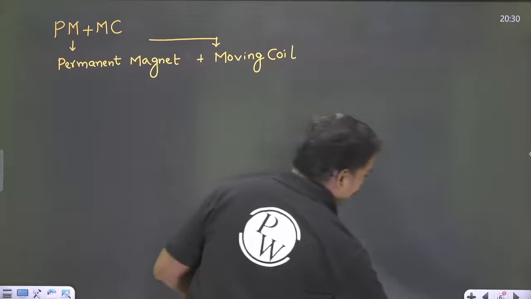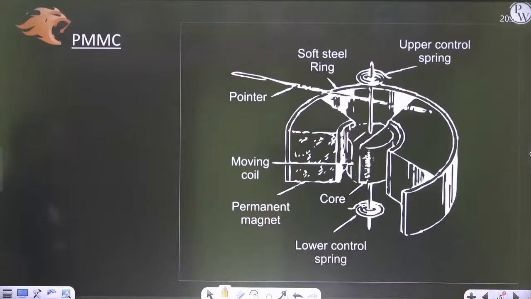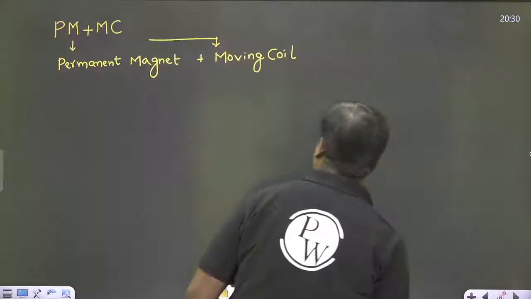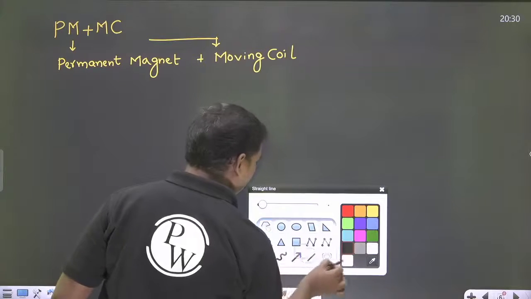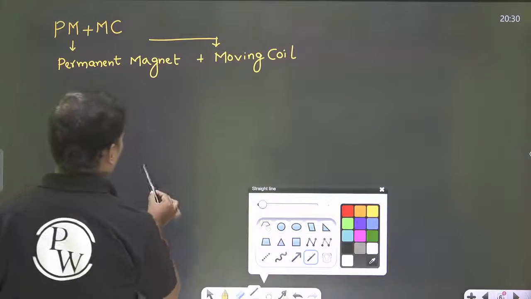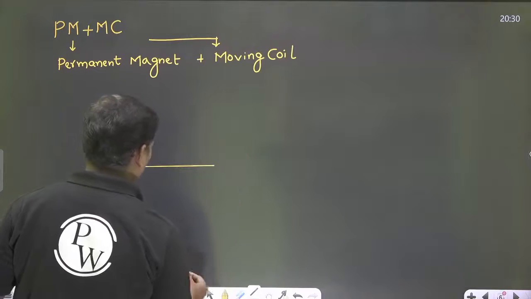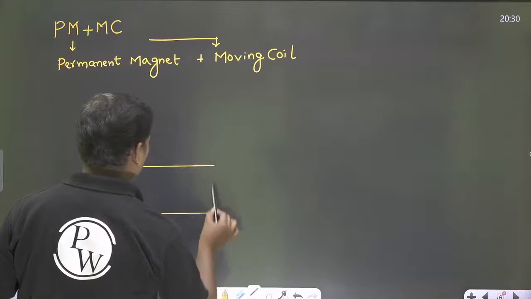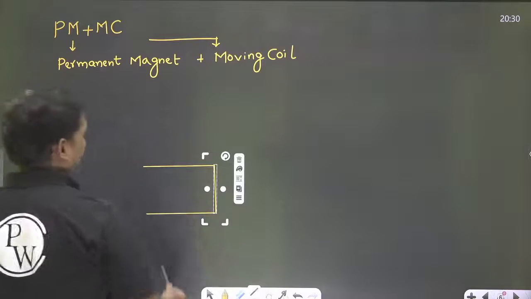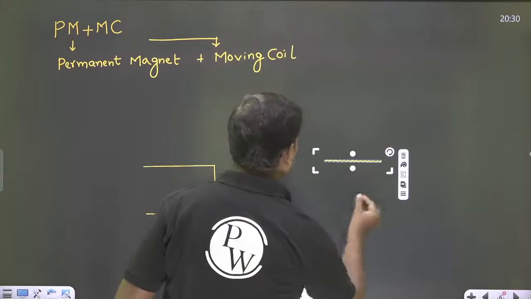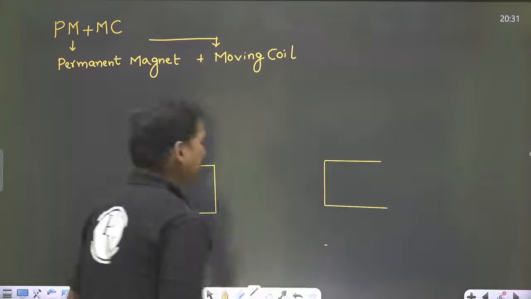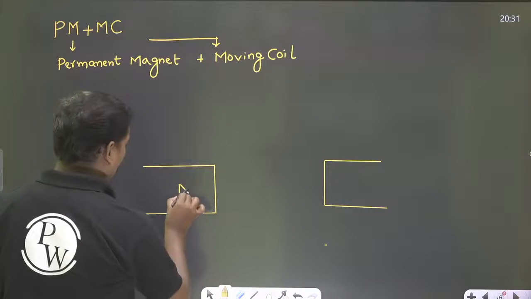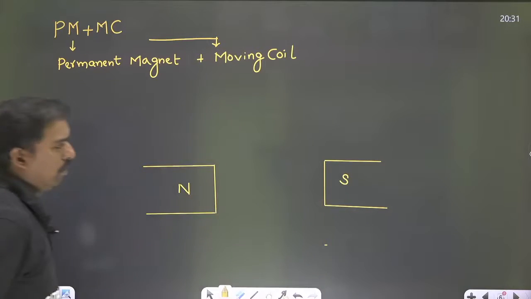If you see the constructional features, I want to draw this diagram. We have a permanent magnet, with a north pole and a south pole, which is the reason for the magnetic flux density.